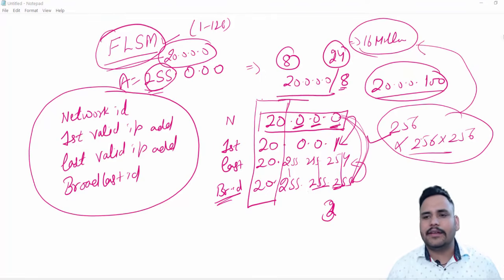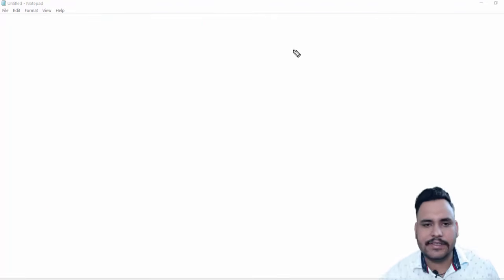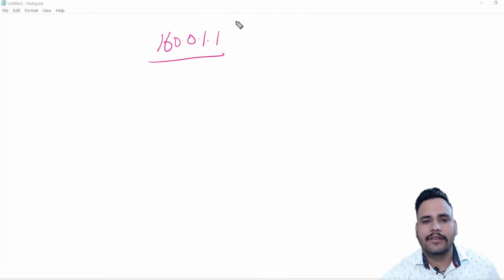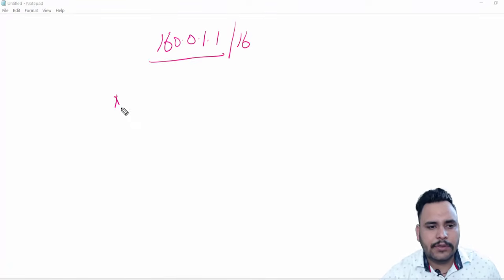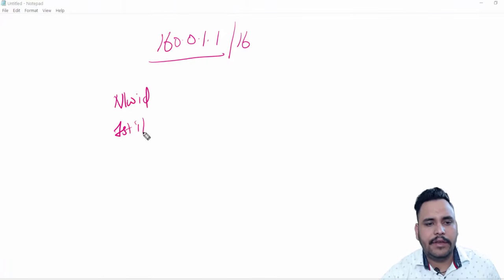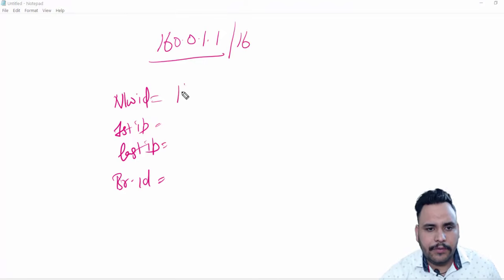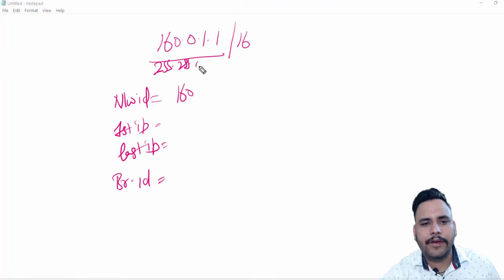Okay, let me take one example of B class first. For example, I have the IP address 160.0.1.1, and 16 is the number of on bits. So we need the network ID, first IP, last IP, and broadcast ID. We know that the subnet mask is 255.255.0.0.